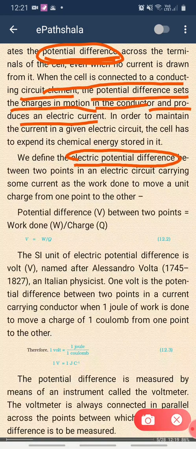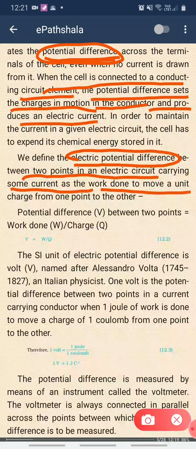So we have to relate work done and the flow of charges in this definition. The electric potential difference between two points in an electric circuit carrying some current is the work done to move a unit charge from one point to another.